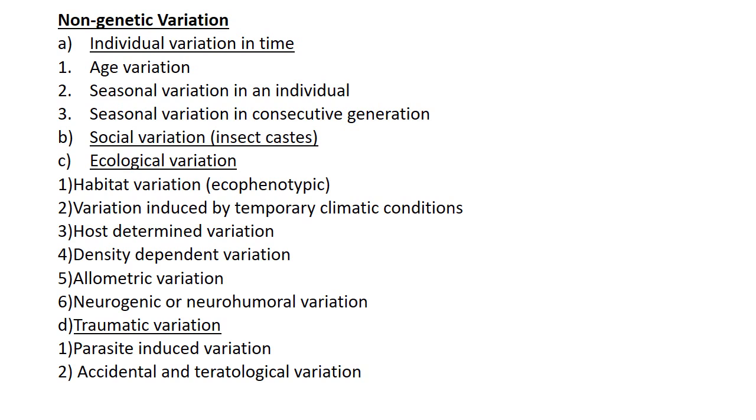Number four, density dependent variation. Number five, allometric variation. Number six, neurogenic or neurohumoral variation. These variations will be discussed in detail in the further slides. Then there is traumatic variation, that is due to parasitic induction, and there is parasite induced variation, or that may be accidental or teratological variation.